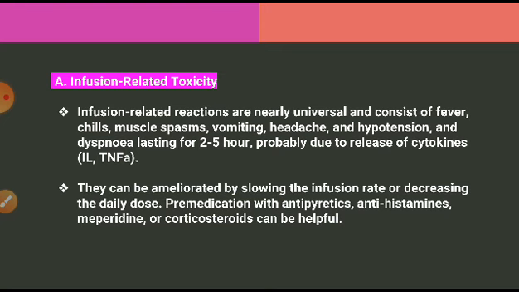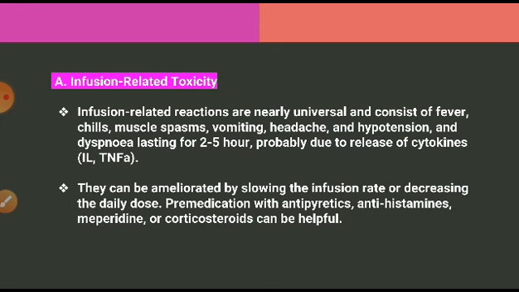First, we'll see the infusion related toxicity. Infusion related reactions are nearly universal and consist of fever, chills, muscle spasm, vomiting, headache, hypotension, and dyspnea lasting for 2 to 4 hours, probably due to release of cytokines. They can be ameliorated by slowing the infusion rate or decreasing the daily dose.